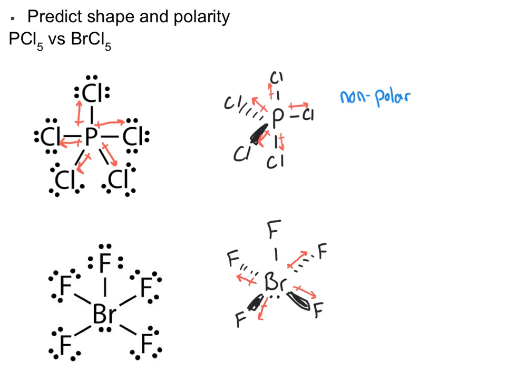They're all in the same plane and will cancel each other out. We do, though, have one remaining BrF bond that is not canceled out by any others. And so we would have an overall dipole in this molecule that is not canceled out, and thus this would now be a polar molecule. And so we start to see a difference in the polarity of a molecule based on the VSEPR shape of that molecule.